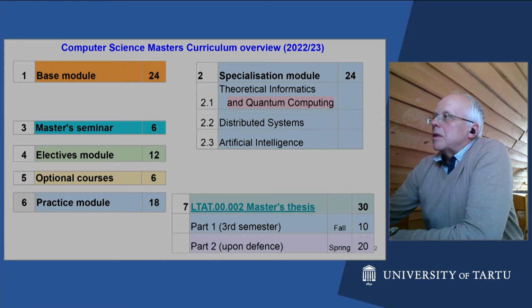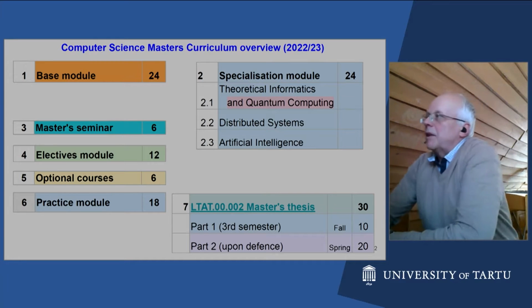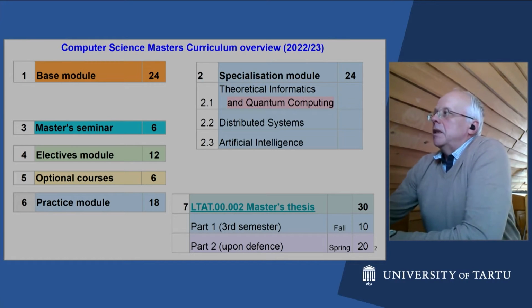Here, there is a change from next year. In the name, we will separately say also quantum computing, in addition to theoretical informatics. And the second choice is the distributed systems specialization module, and the third one is artificial intelligence.